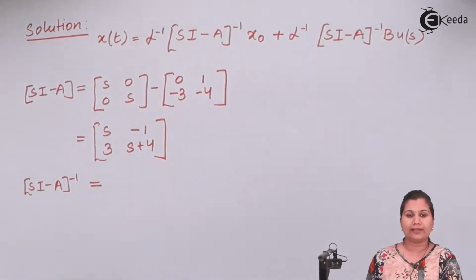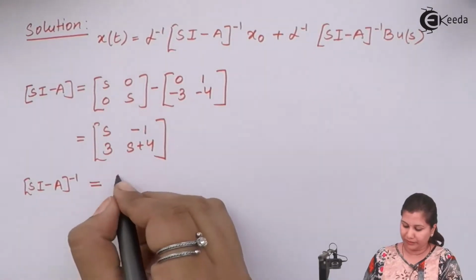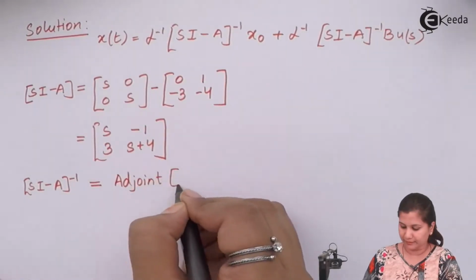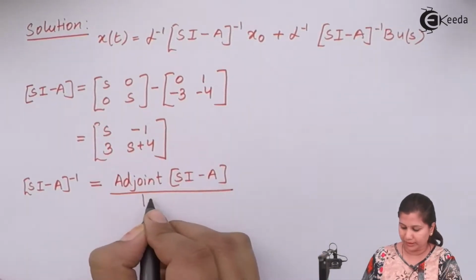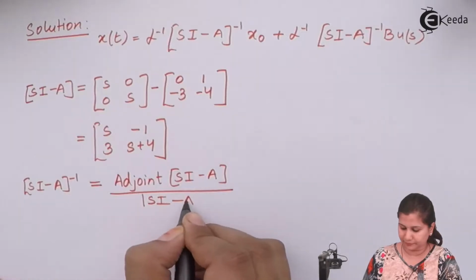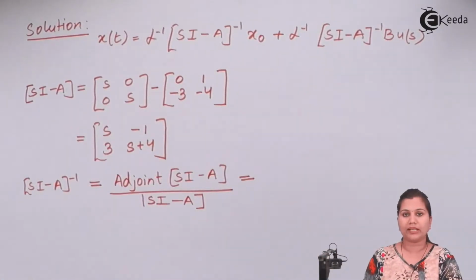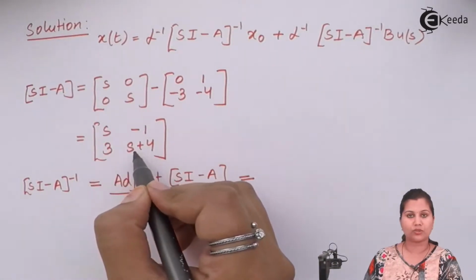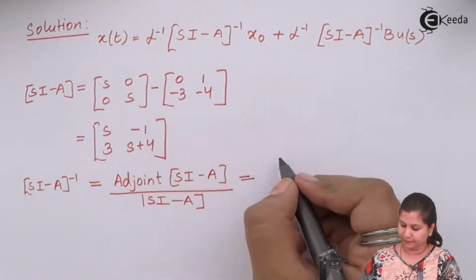Now the inverse is calculated by dividing the adjoint by the determinant. So we will divide the adjoint of the SI minus A matrix by its determinant. This is a 2 cross 2 matrix, so we can directly calculate the adjoint. We just have to interchange these two elements and change the sign of these two elements.